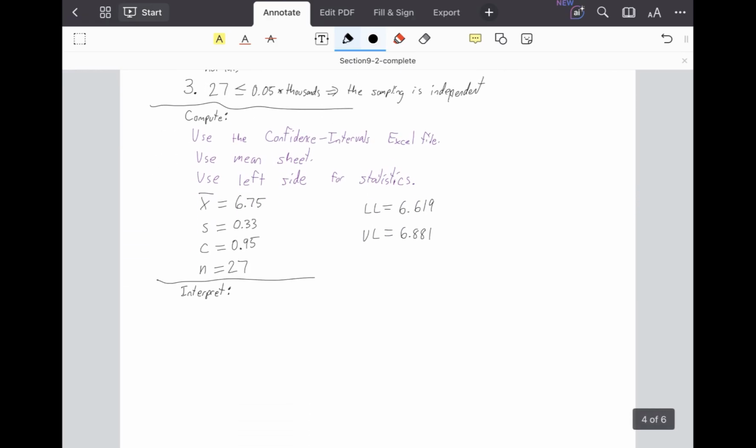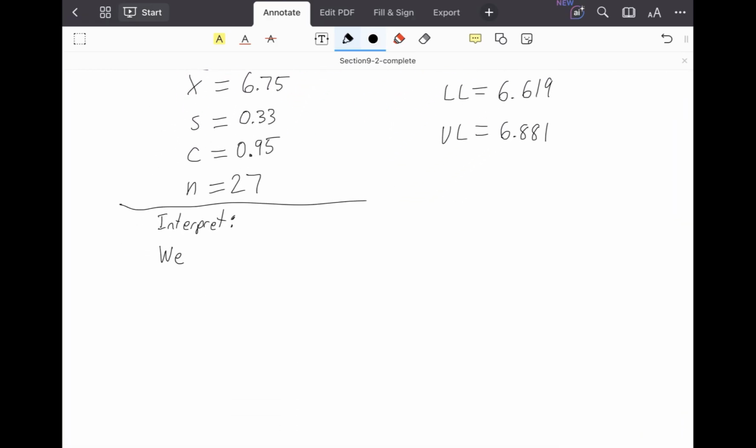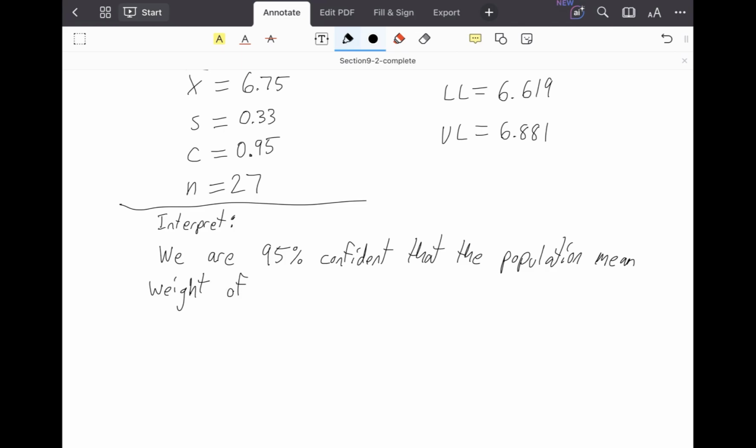So I can say we are 95% confident that the population mean weight of artificial sapphires is between 6.619 and 6.881 carats.